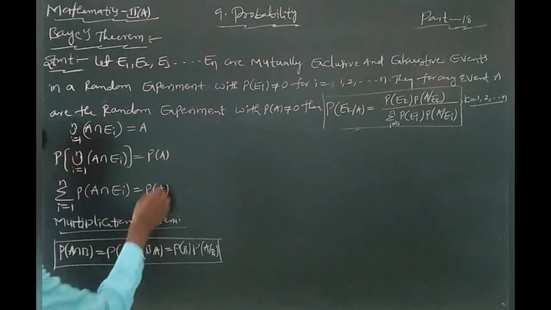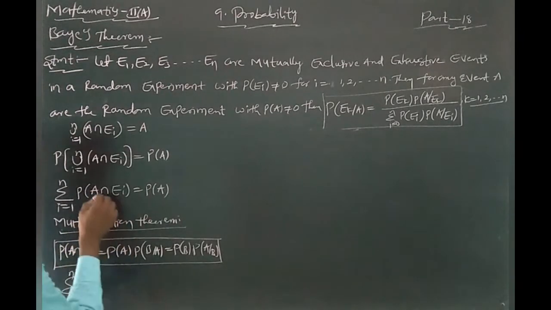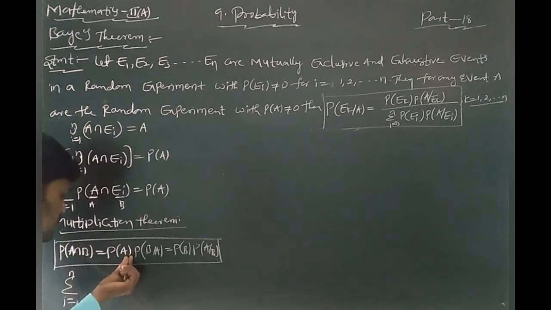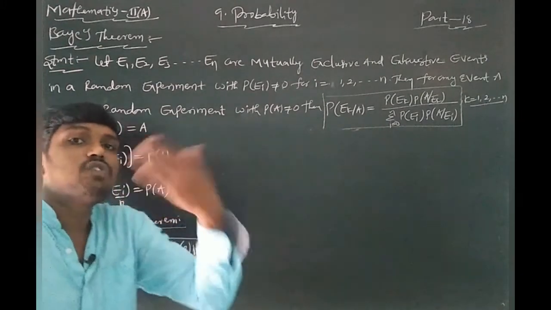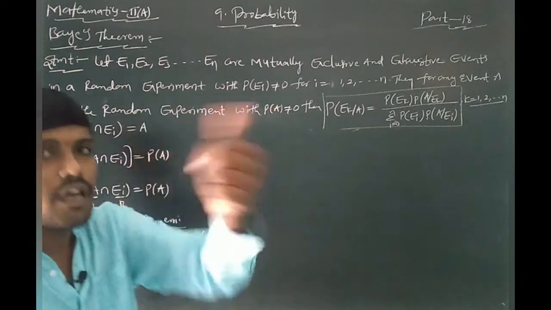Here, see students, P of A intersection B: this is A, this is B. You can use the formula P of B into P of A by B.